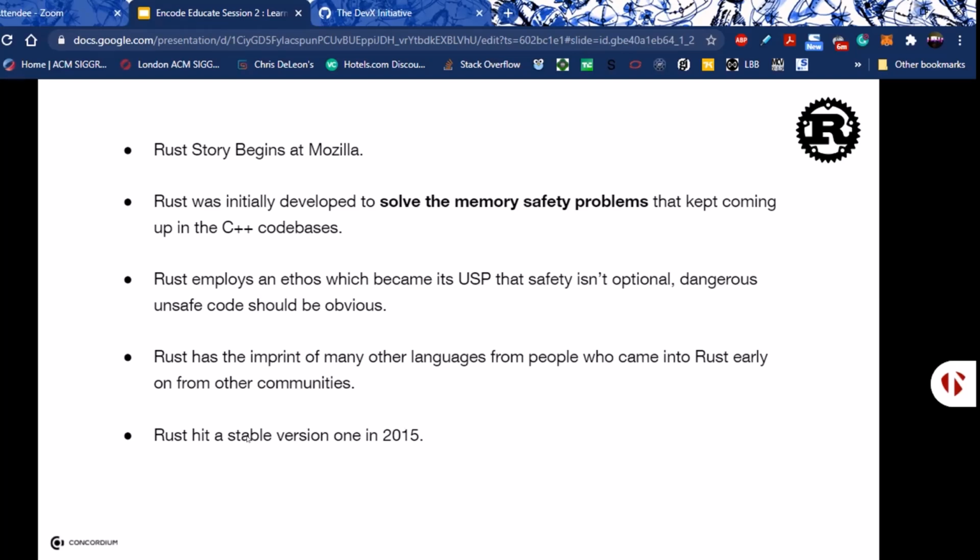What this means is that it takes a lot of overhead away from the developer and allows the developer to focus on being more creative rather than having to worry about memory leaks and seg faults, because Rust as a programming language has features built in that just take that away from you. Rust hit its stable version in 2015, and there are new features added every 6 weeks to the compiler.